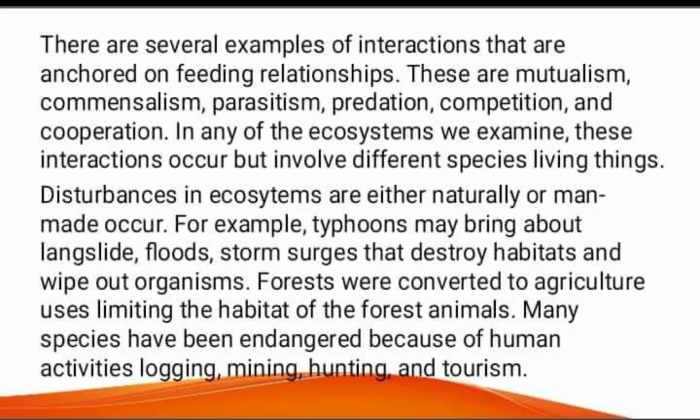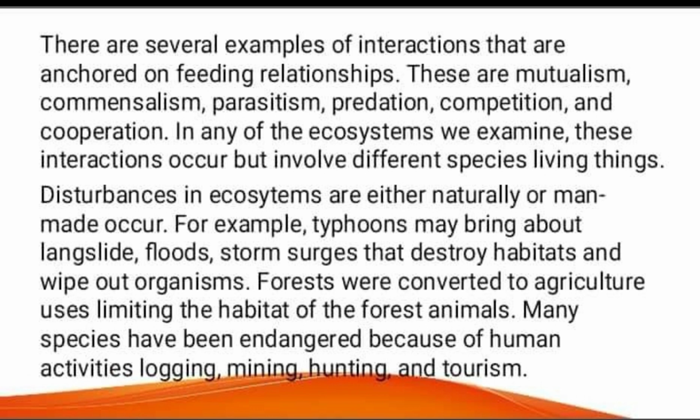Disturbances in ecosystems occur, either naturally or man-made. For example, a typhoon may bring about landslides, floods, and storm surges that disturb habitats and wipe out organisms. Forests were converted to agricultural uses, limiting the habitat of forest animals.